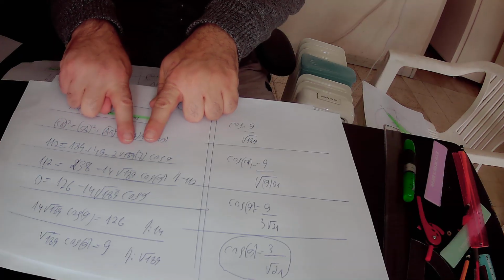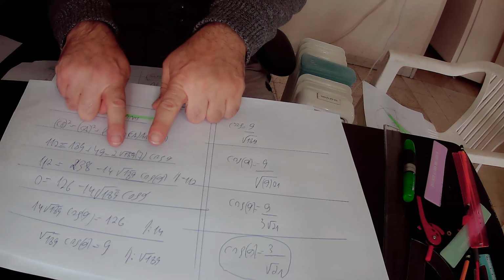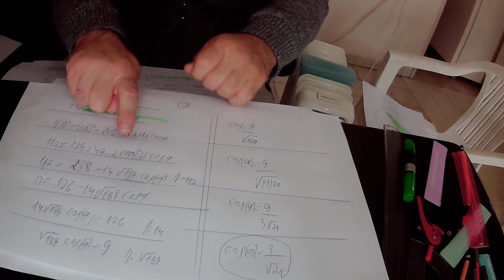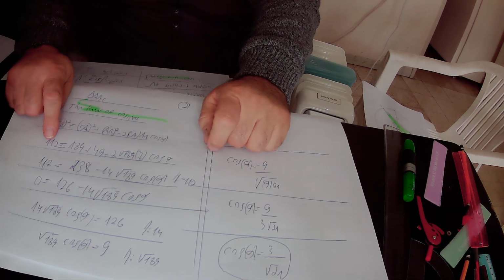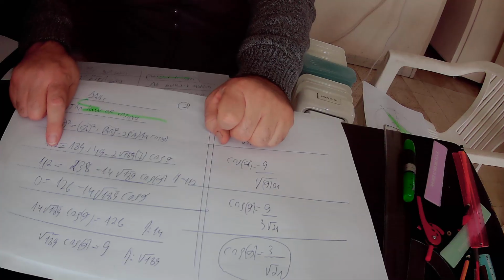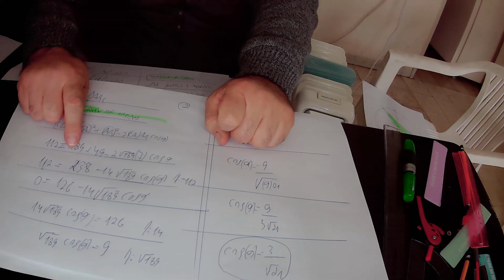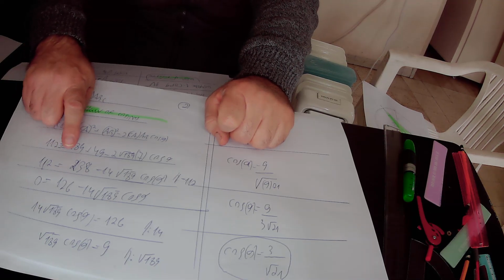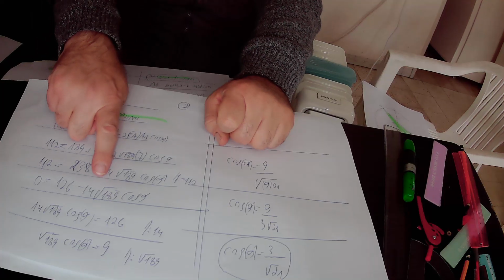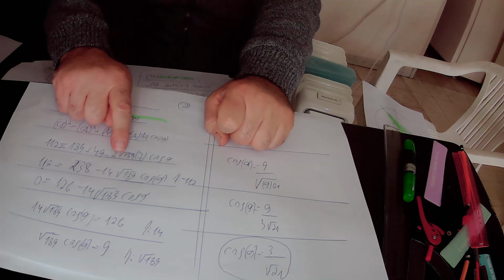So this expression equals minus 14 times the square root of 189 times cosine alpha. Here we subtracted 112 from this equation. So on this side of the equation we are left with nothing, that is to say 0, while on the other side we have 238 minus 112, which is 126, minus 14 times the square root of 189 times cosine alpha equals 0.